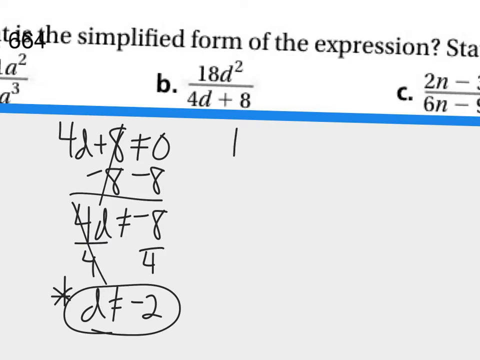So in the numerator, it's a monomial, so there's nothing we can do there. In the denominator, we could factor out a 4. So that'd be 4 times the quantity d plus 2. Now we have factors. Now we can try to reduce factors.